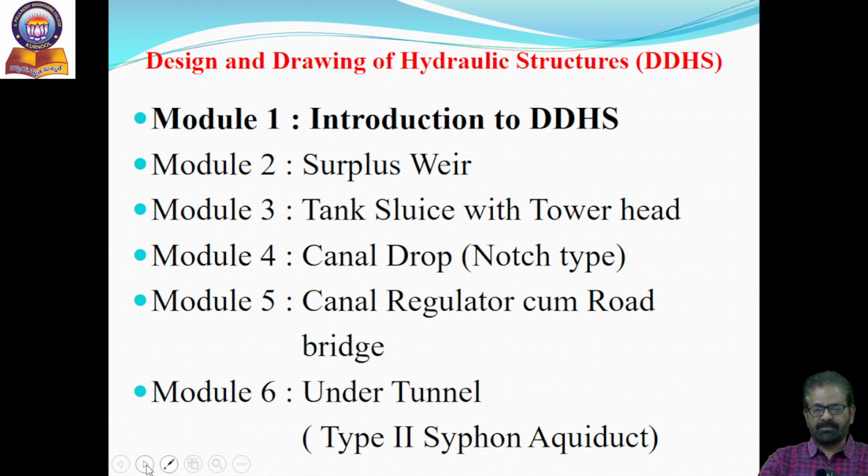Module 1 is just the introduction to DDHS, and the subsequent modules are Design and Drawing of Surplus Weir, Tank Sluice with Tower Head, Canal Drop, Canal Regulator cum Road Bridge, and Under Tunnel. In most cases, as already said, these are the major and common structures related to hydraulics. From an academic point of view, these are the major structures.